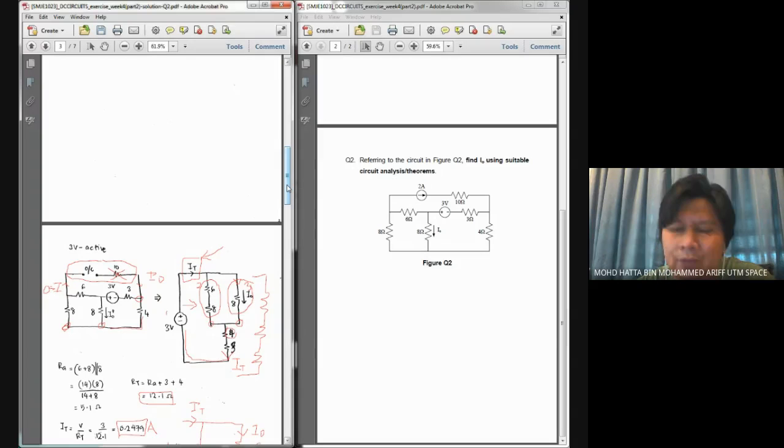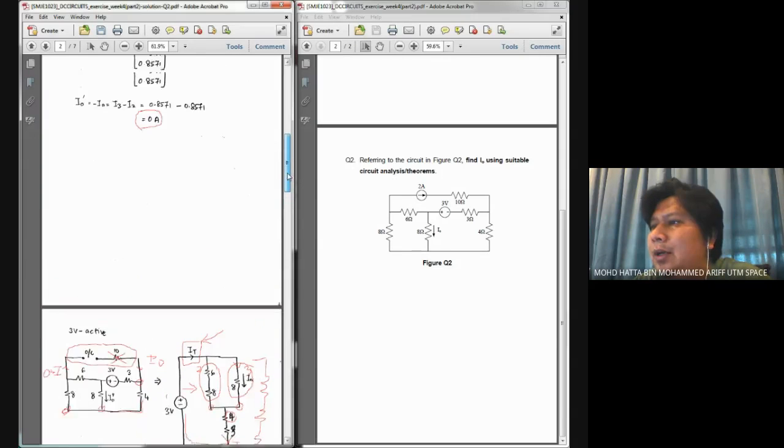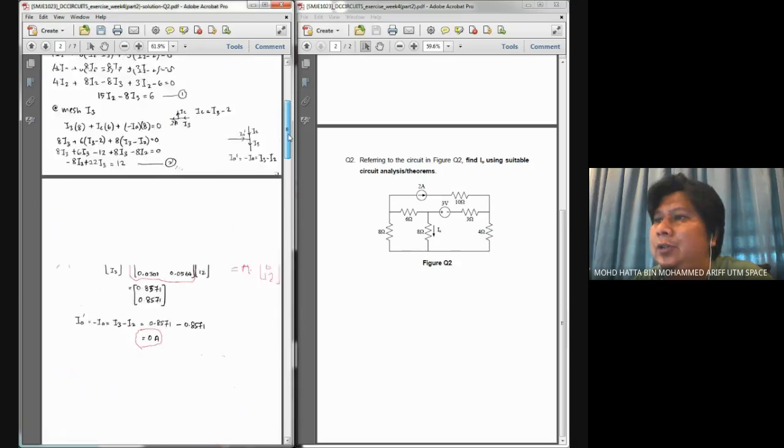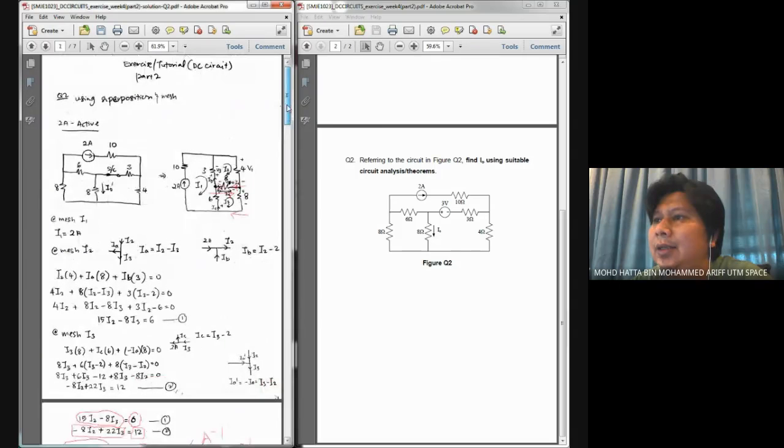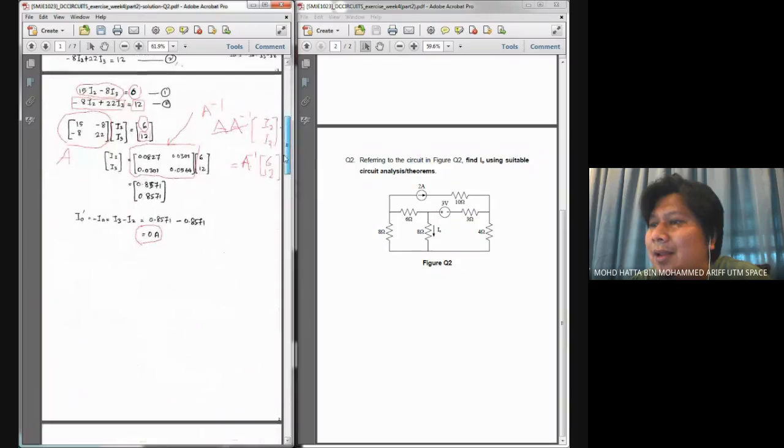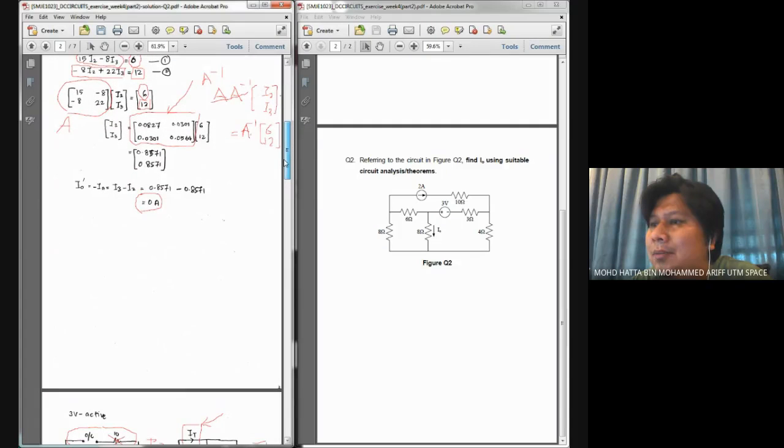Here, first I tried to use superposition, but I think it's not that easy, because I need to calculate IO two times, since I have two sources. If I have 3 sources, I need to calculate 3 times and later combine all 3 answers of IO.